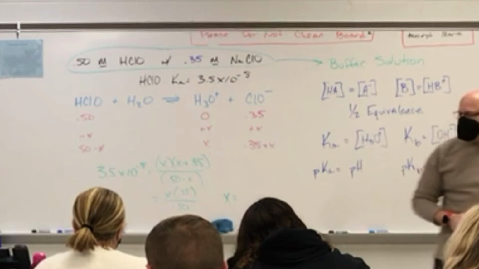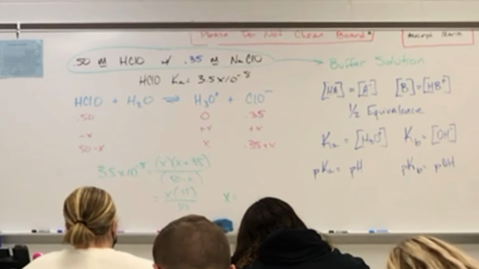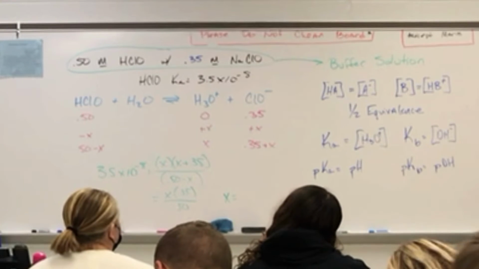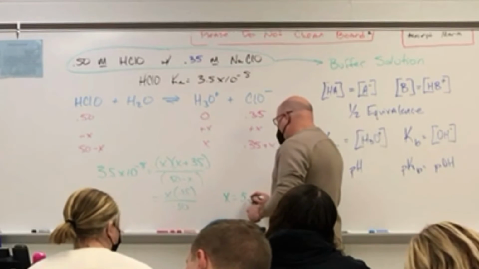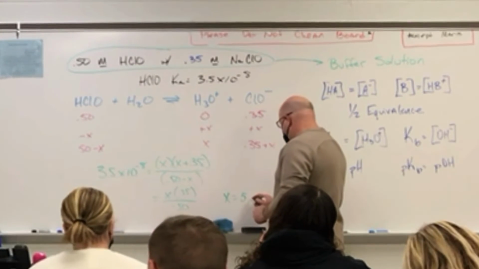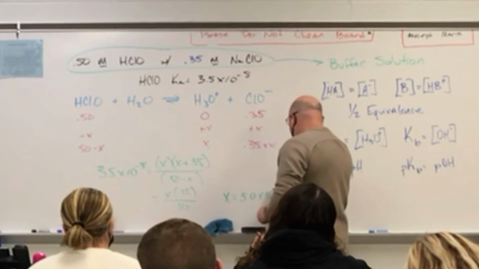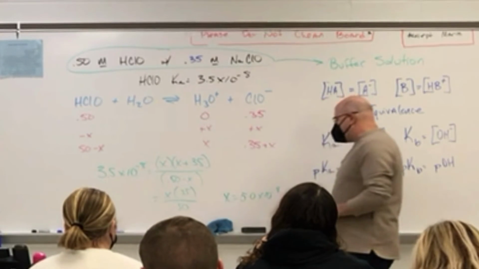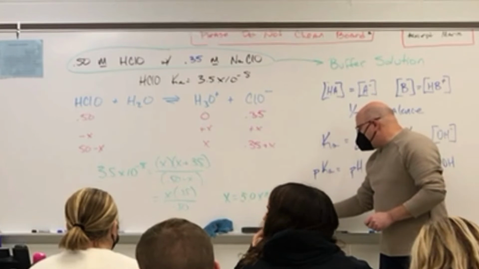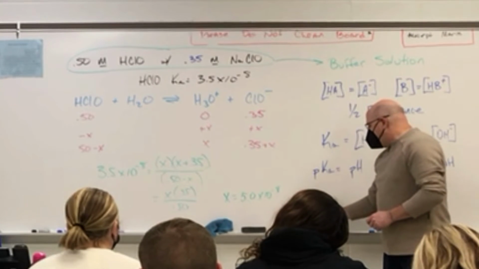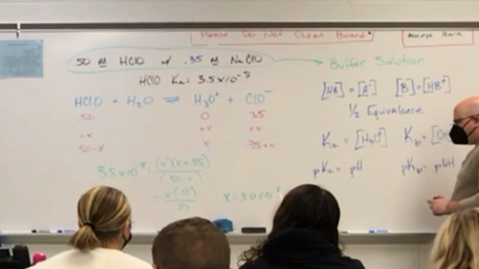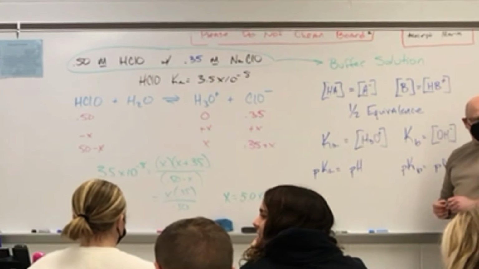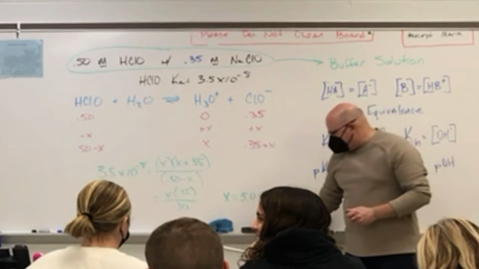What's x equal to? pH? 7.3. Is it 3 0? No, so that's 7.01.